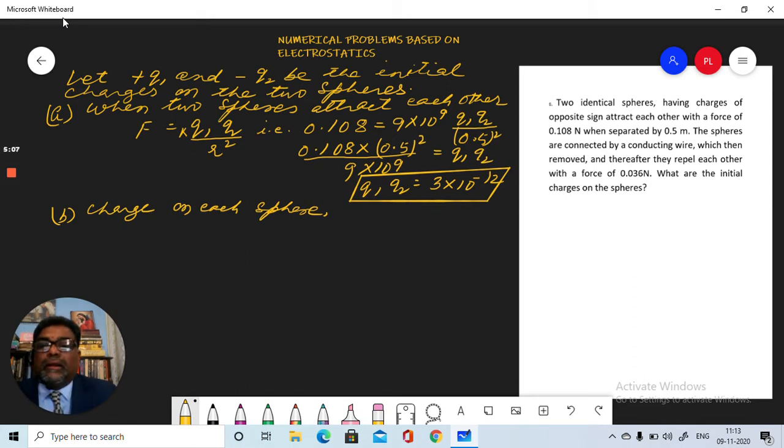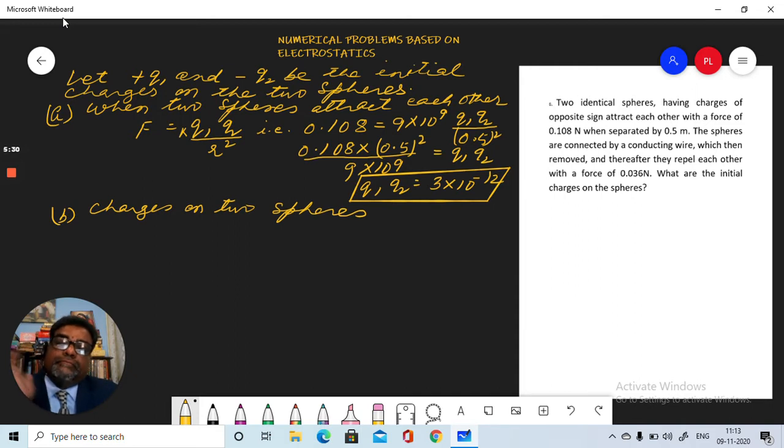You can write it like this: charges on two spheres are connected by the wire.